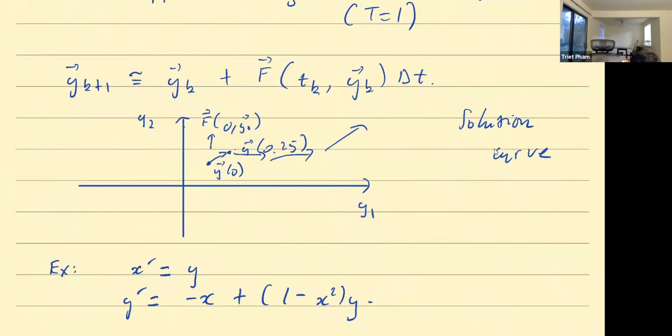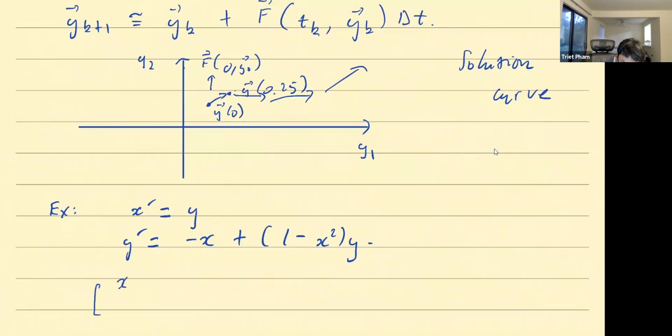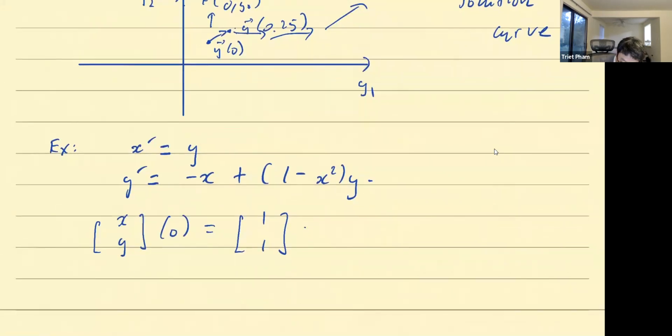And they say that x, y at 0 equals 1, 1. And they want to do some approximation with step size 0.25.